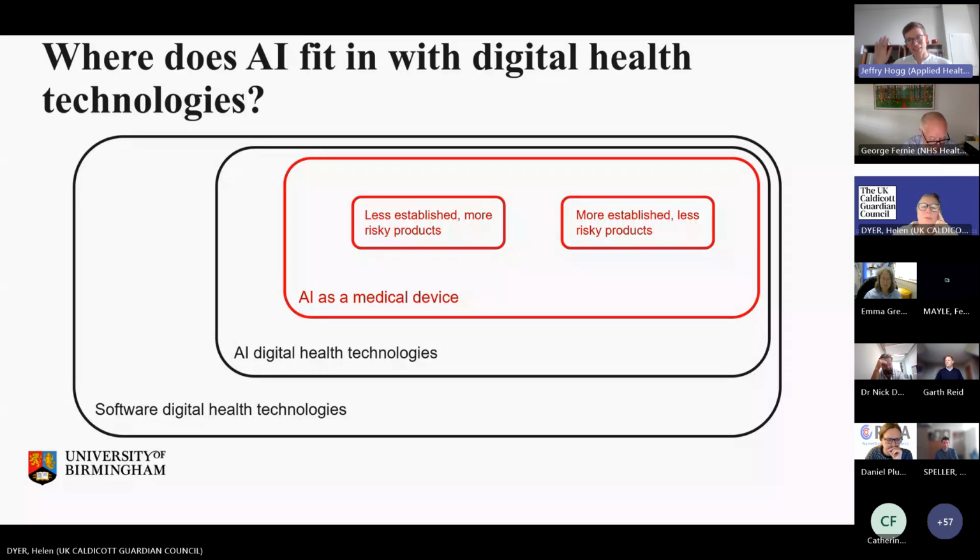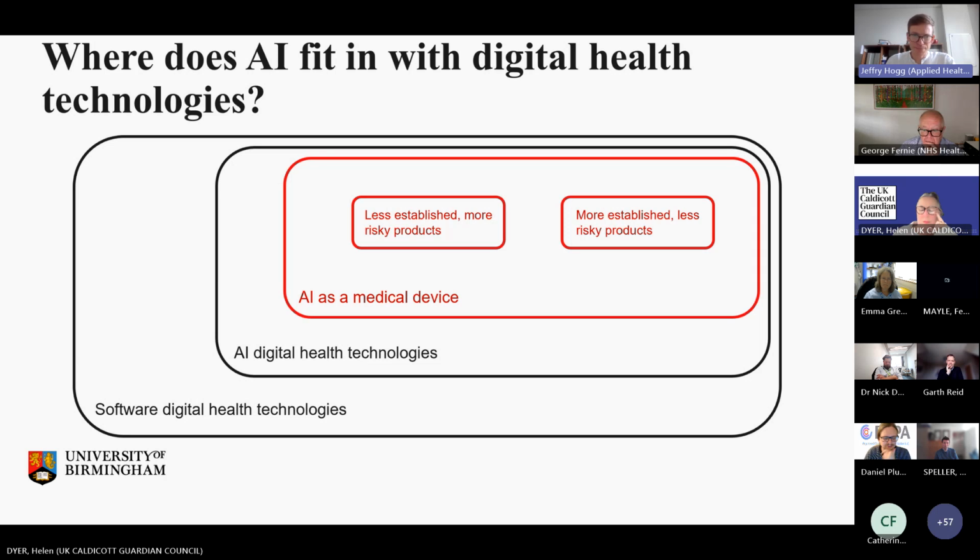Whereas class 2 devices and above have had that kind of sign off by an independent organization. It's also true that even the products that are on market, there are some that are very well established and have been used by lots of different adopter organizations, and there are some that haven't been around very long and may not have been put into practice in our jurisdiction much, and could potentially be a bit riskier for the adopter if there's not so much precedent.